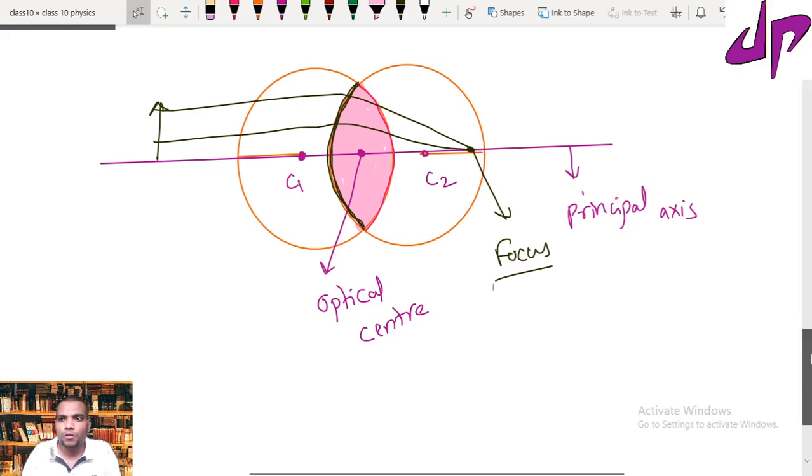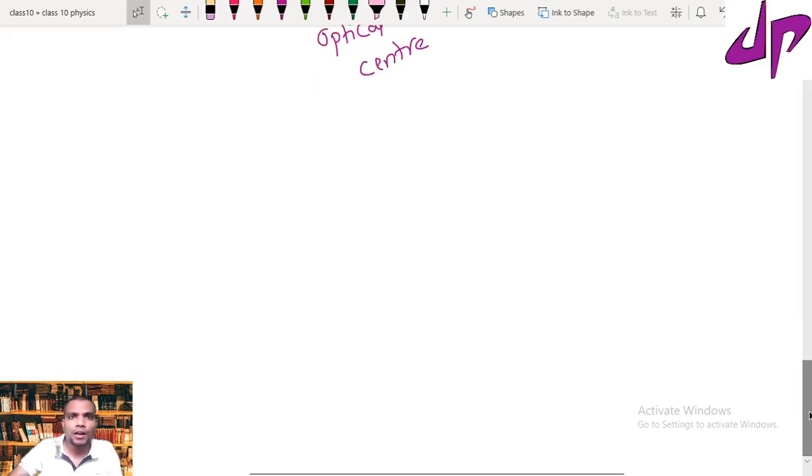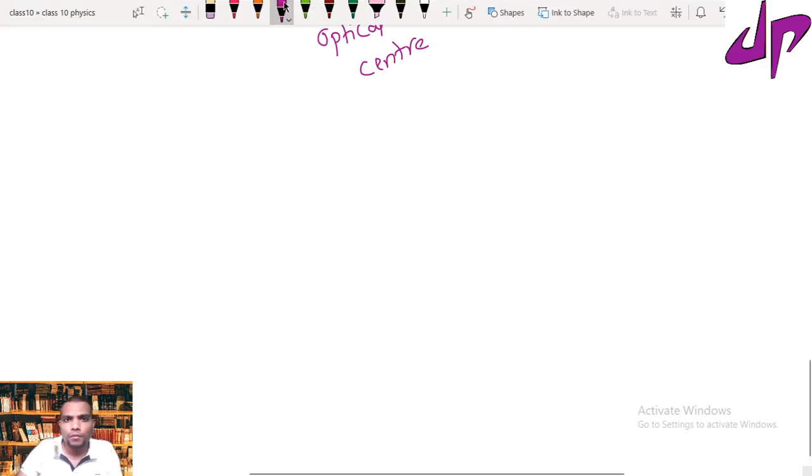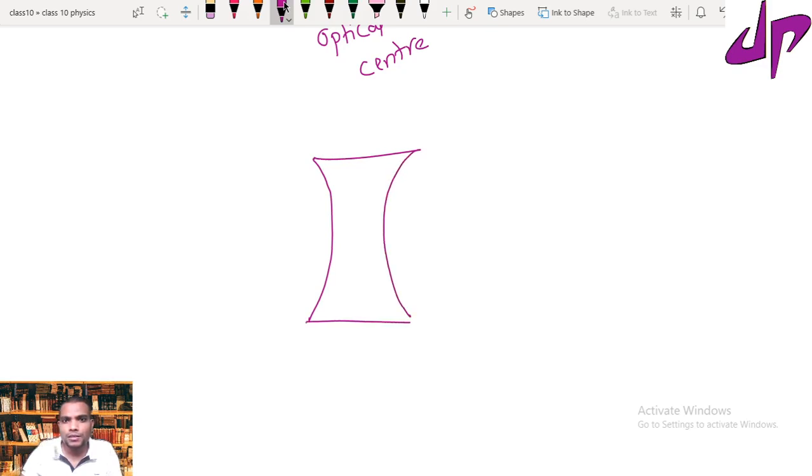Now if you draw the same for another lens, a concave lens, suppose it is a concave lens, this lens is made up of two curvatures. So this is one sphere and this is another sphere.